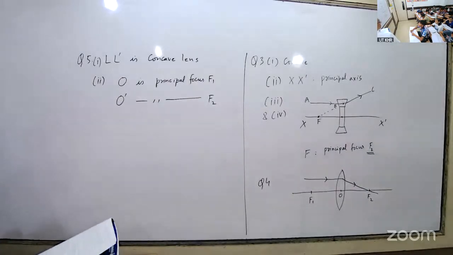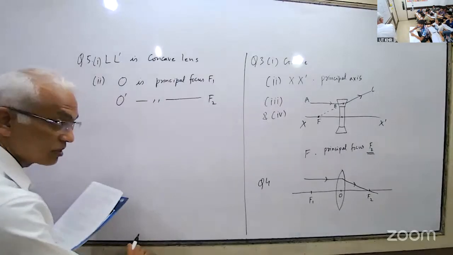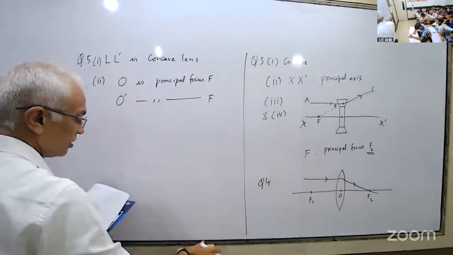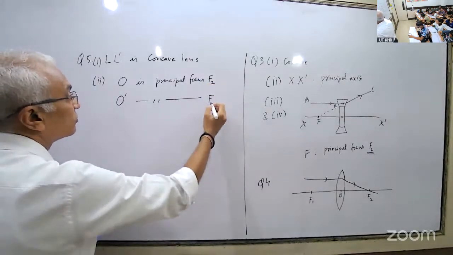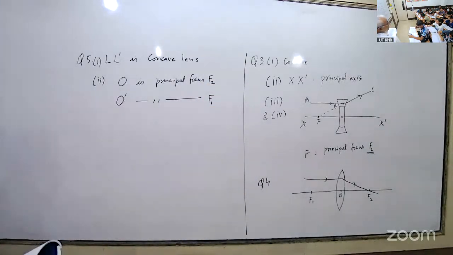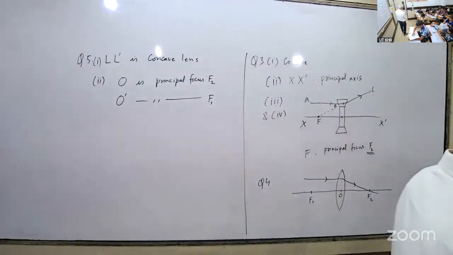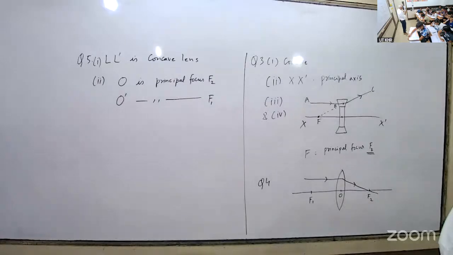Is it correct? It is a concave lens. This is a very common mistake. So for a concave lens, it is F2 and F1. Okay, so be careful. In the lens, only the diverging action is shown, so from that you have to infer everything.